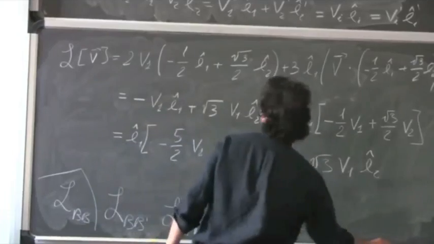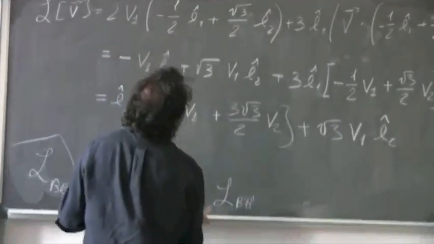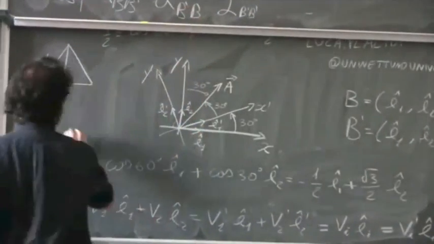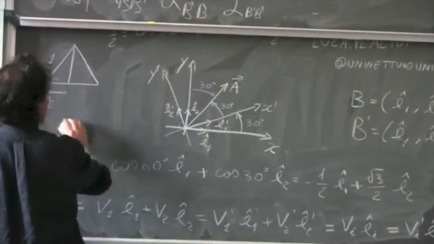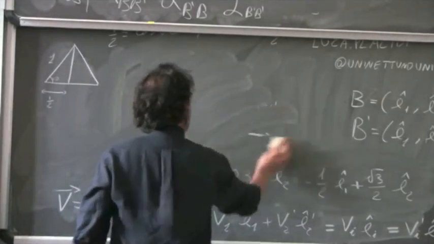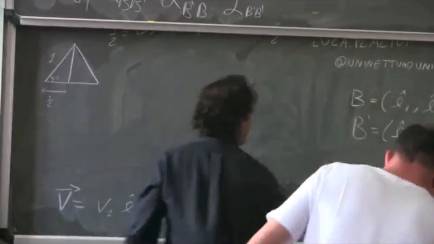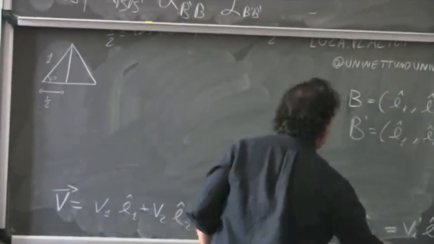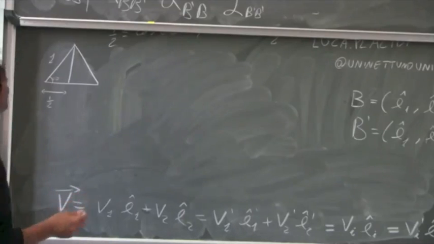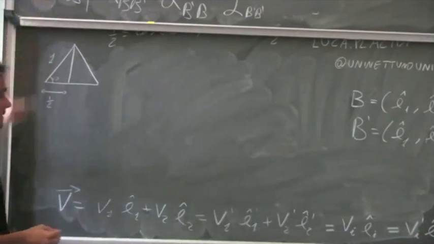So this is now very simple. What is the idea of this matrix?